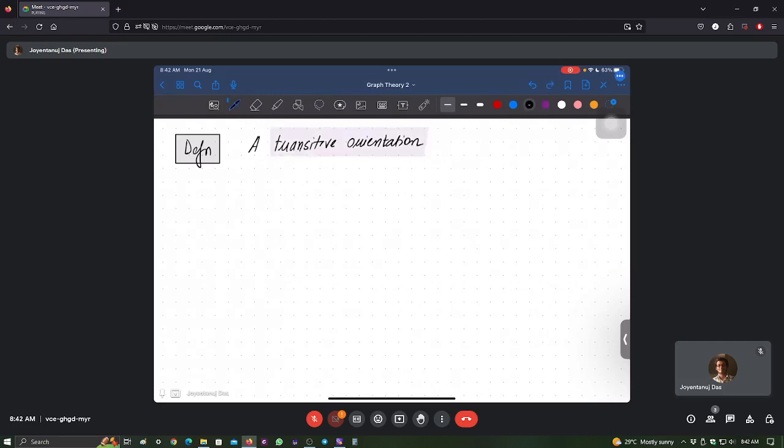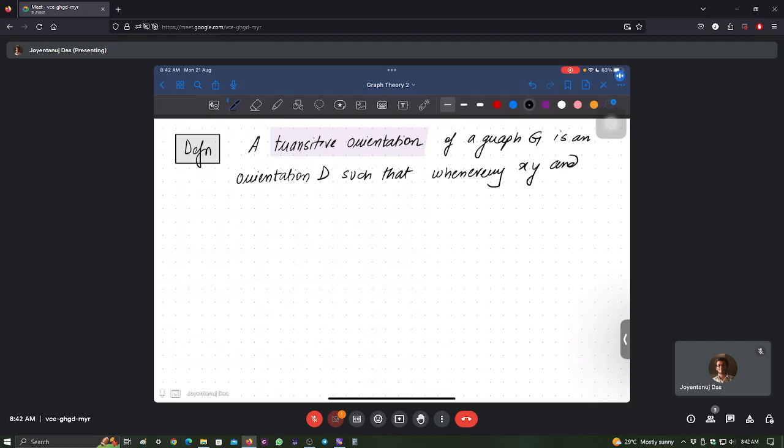A transitive orientation of a graph G is an orientation D such that whenever xy and yz are edges in D, there is also an edge xz in G that is oriented from x to z in D.